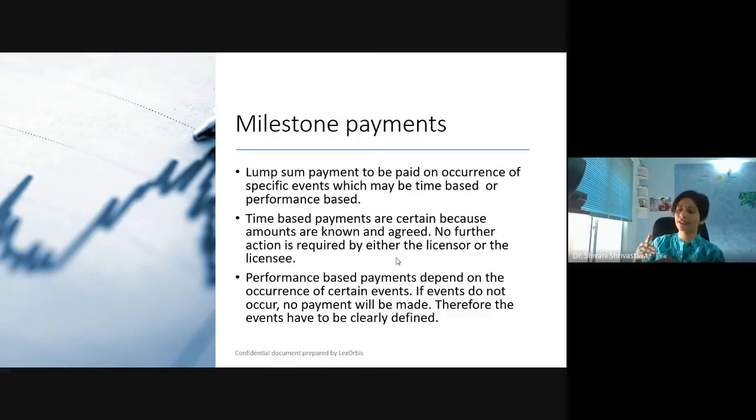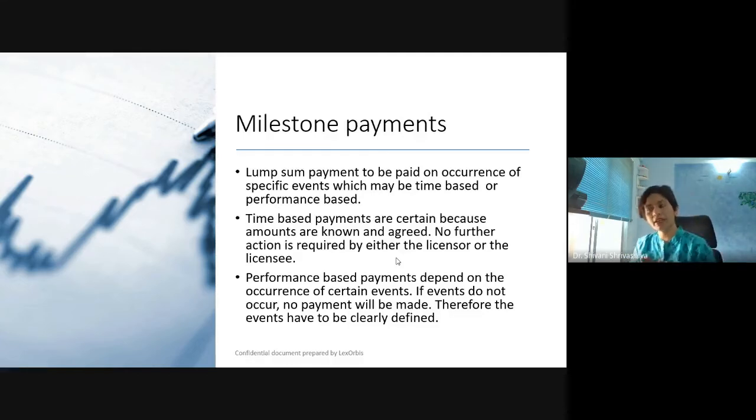There will be different parts during the manufacturing process, then during the commercialization process, and once the sale is done, after that also there can be multiple milestones. So all the balance payments can be decided based on these milestones.